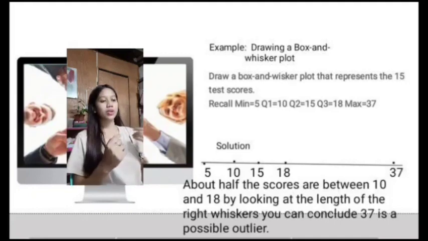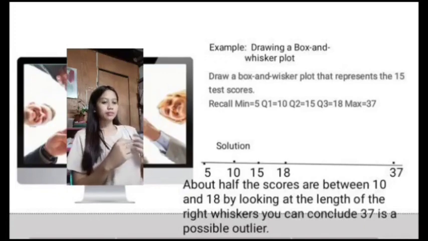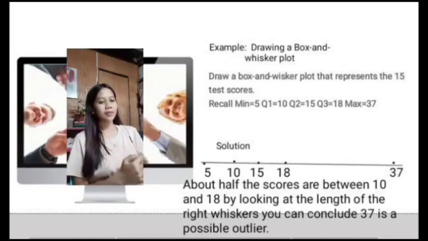Then we have Q1 as the start of the box, Q2 as the line inside the box, then Q3 will be the end of the box. So the box shows the position of the values. 75% of the data is 18 or less, and 25% is 10 or less.